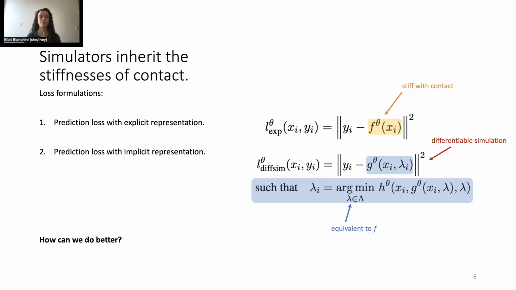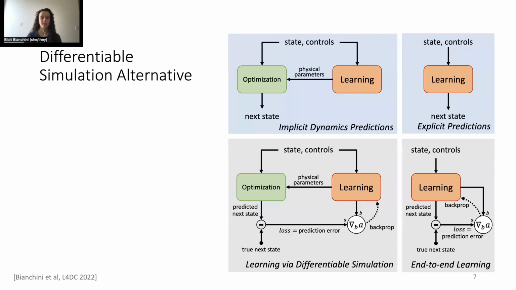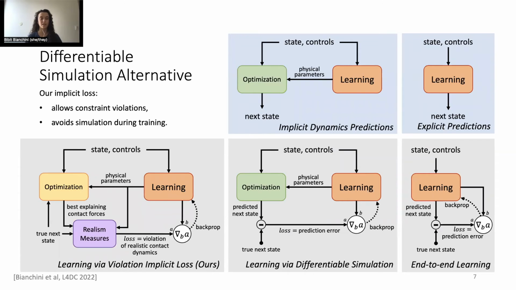So how can we do better? If we look back at the approaches that we already tried, here's what ours looks like instead. We will notice that first we formulate a different kind of optimization problem that not only takes in the current state and physical parameters, but also takes in the true next state.